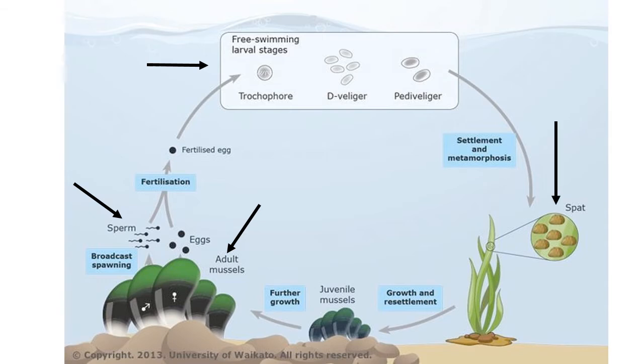And so at some point they get ready to settle. They decide they've grown up long enough that they're ready to settle and become an adult. And this is when they're called spat on these filamentous algae. They tend to settle on small algae that is typically found in areas where mussels like to grow.